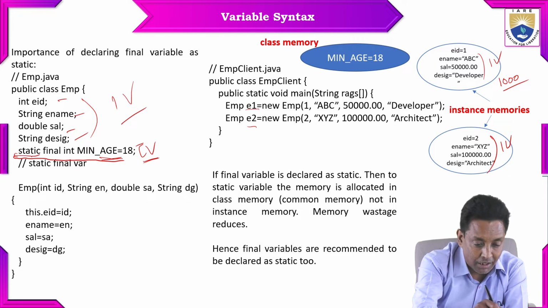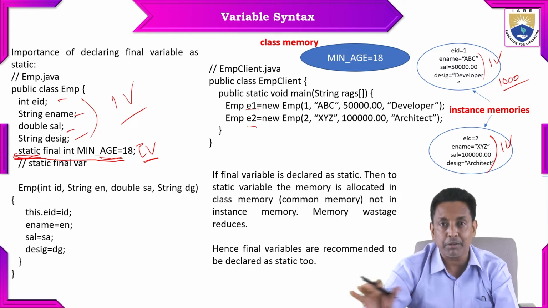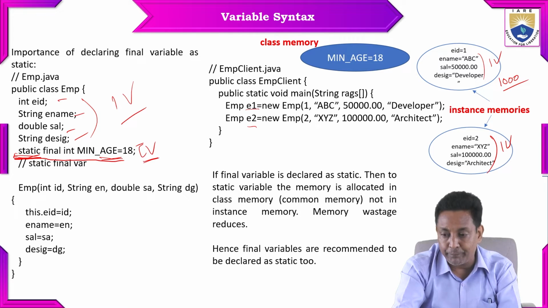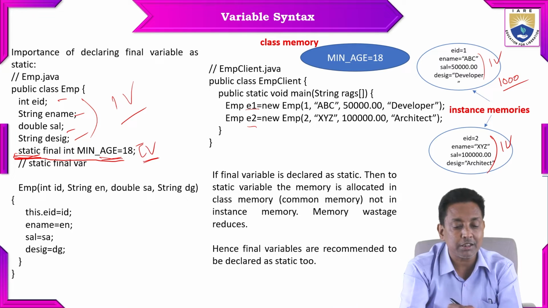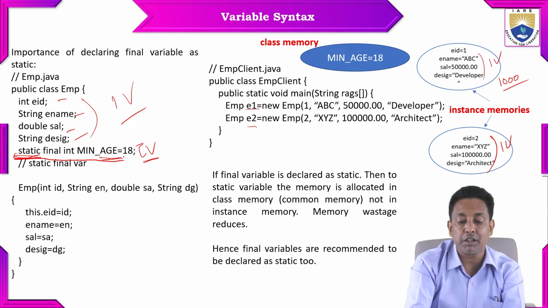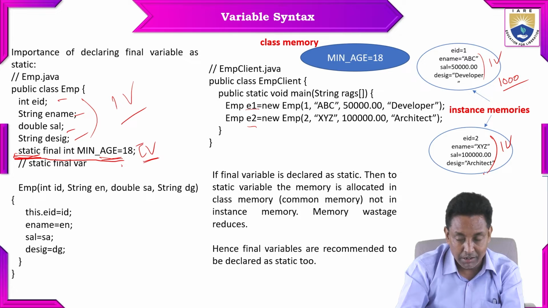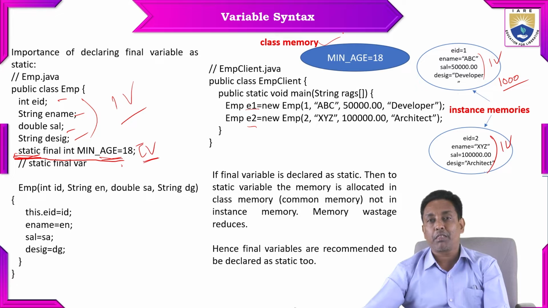Static means the variable is not a dynamic variable. For variables not declared as dynamic, no memory will be allocated in instance memory. It's not a dynamic variable, it's a static variable. If you declare any variable static, instead of allocating memory in the instances of the class, memory will be separately allocated in one more memory called class memory.